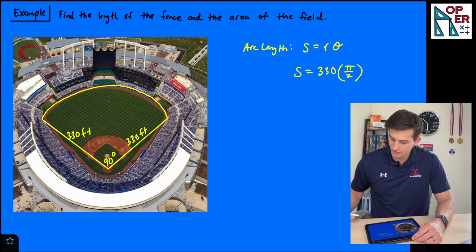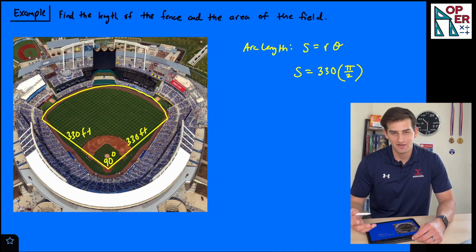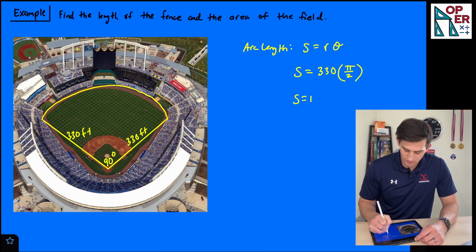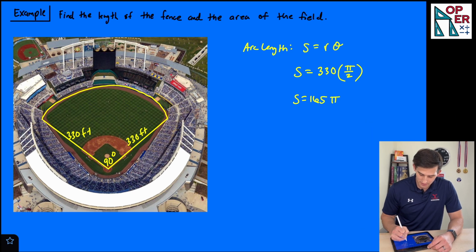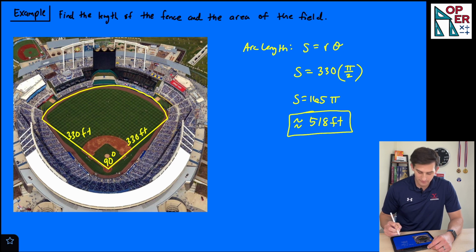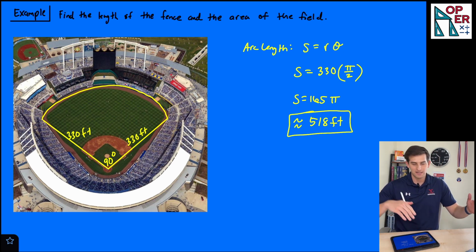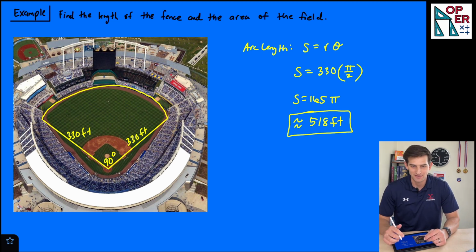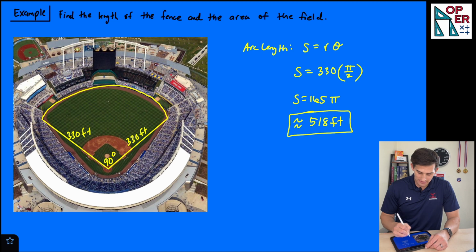So we're going to do 330 divided by 2, and then we'll times that by pi. Okay, so basically we're doing 165 pi. So S equals 165 pi. So we're going to say that's approximately 518 feet. So the length of the fence from the left field line to the right field line should be close to 518 feet.